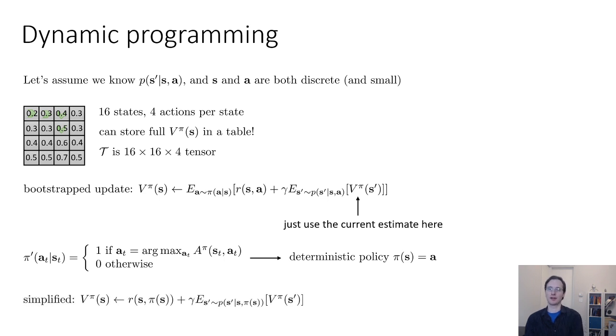So we can simplify our bootstrap update by removing the expectation with respect to pi and just directly plugging in the only action that has non-zero probability. So then we get the simplified backup where V pi of S is set to r(S, pi(S)) plus gamma times the expectation under P(S prime given S, pi(S)) of V pi S prime.